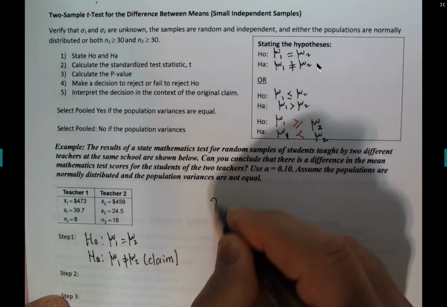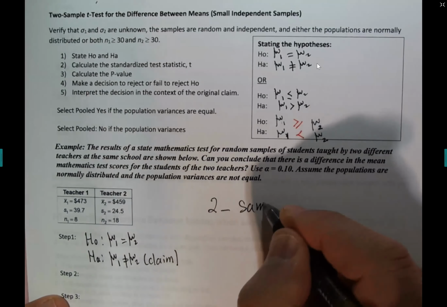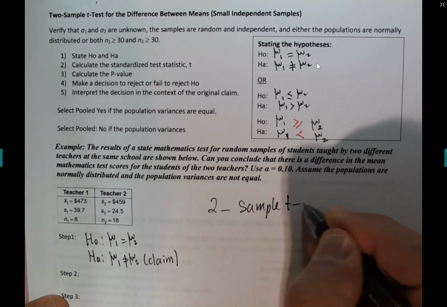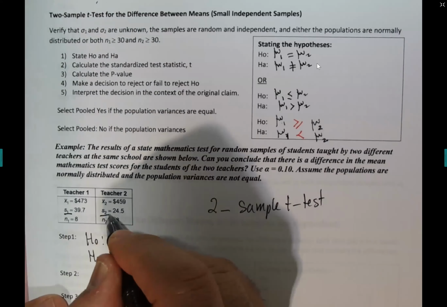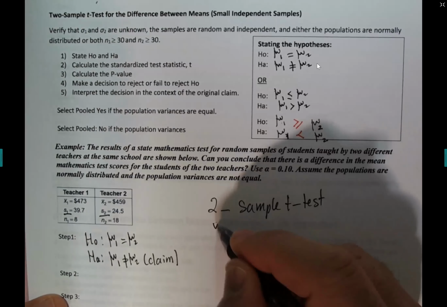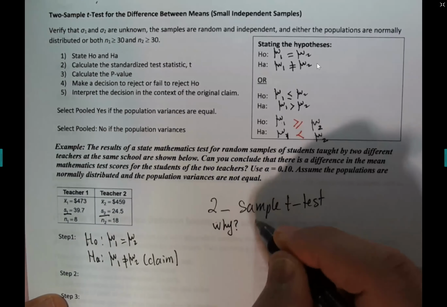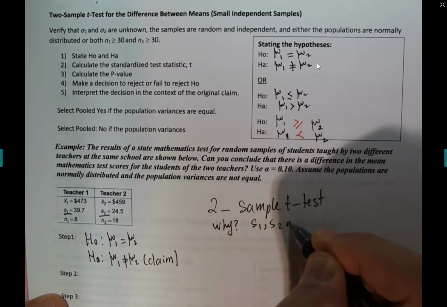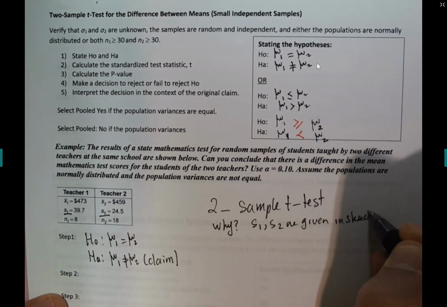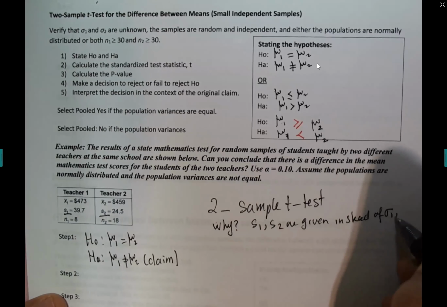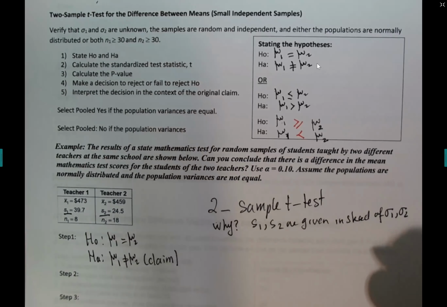And this is going to be, guys, a two-sample t-test. And why? Because he gives you S1 and S2 instead of sigma 1, sigma 2. Just keep that as a note highlighted.